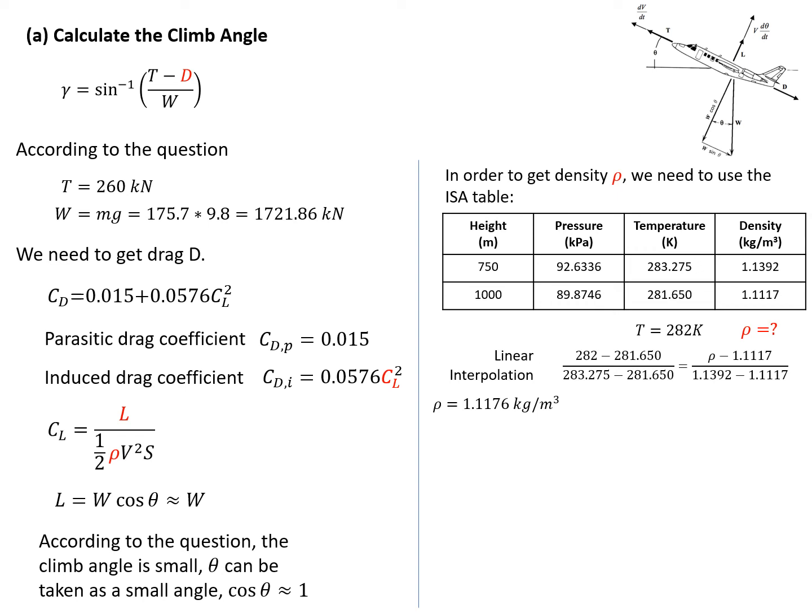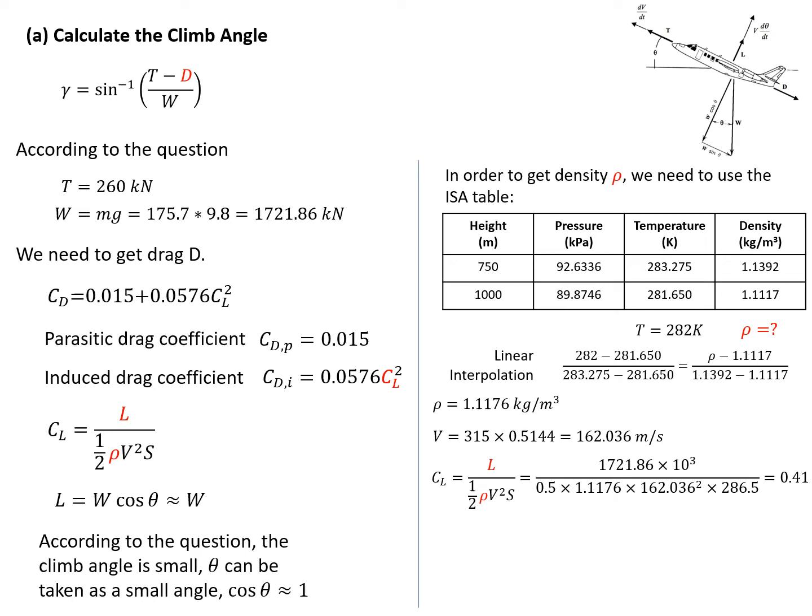So we know the L and we know the density, and also because velocity is shown in knot, so we need to convert it into meter per second. That's 162.036 meter per second. And then we can calculate CL, lift coefficient is 0.41.